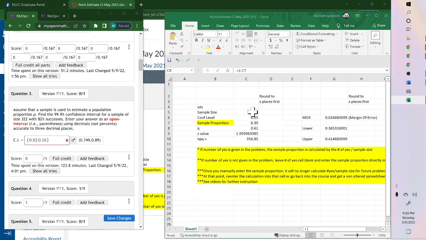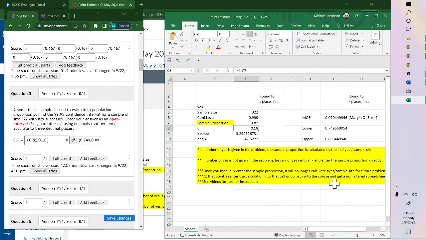So if we look over here, sample size was 322. Confidence level 0.999. And successes 0.82. And then it's over here, so just wanted the confidence interval point, and it said not percents, use the decimal, and so you leave it in the decimal form.